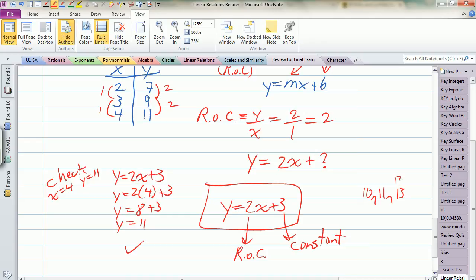Well, you have to look at the first point, substitute in x, so you get 2 times 2, which is 4. And what would you need to get 7 then? Add 3 more. So you've got to play around with your constant, so when you get the input of x, you get the output of y. Okay. Any questions?